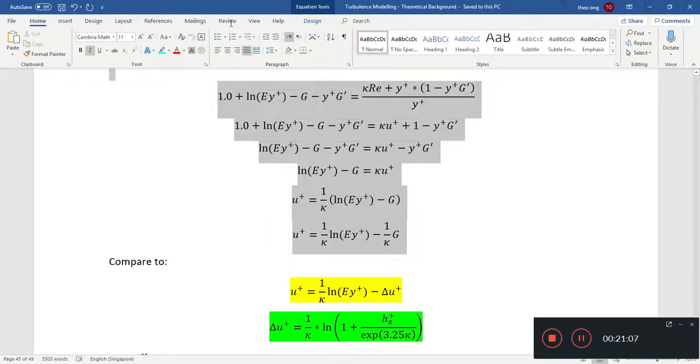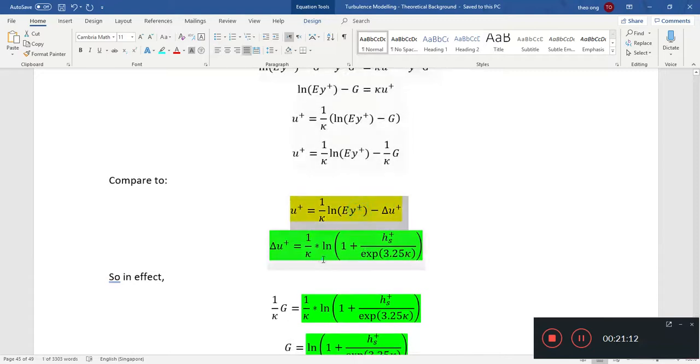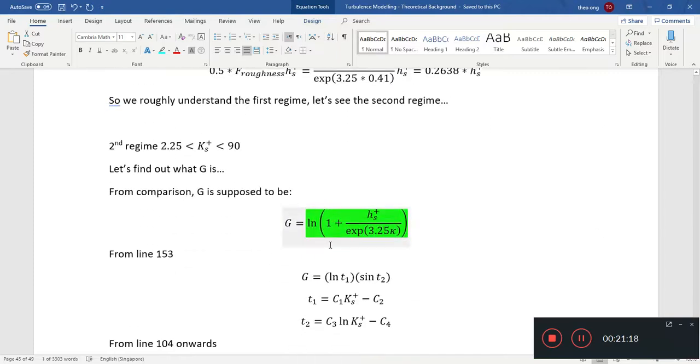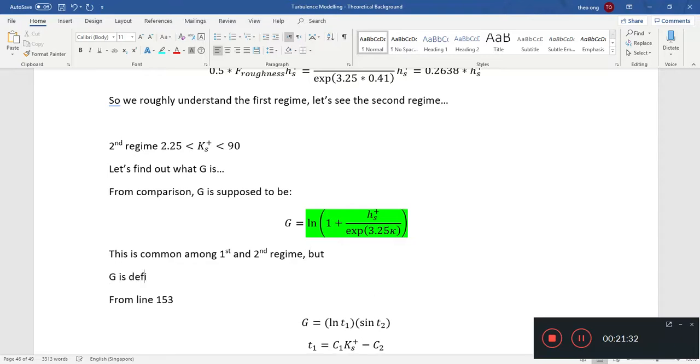So this actually comes from what is common between both of them, and then we see g is supposed to be equal to this. This is common among first and second regime, but g is defined differently here.